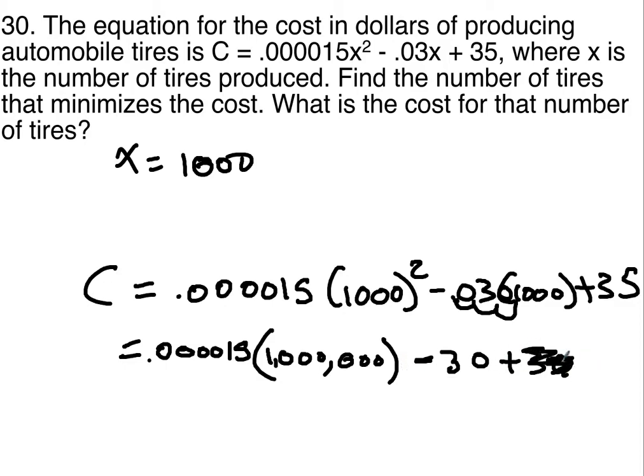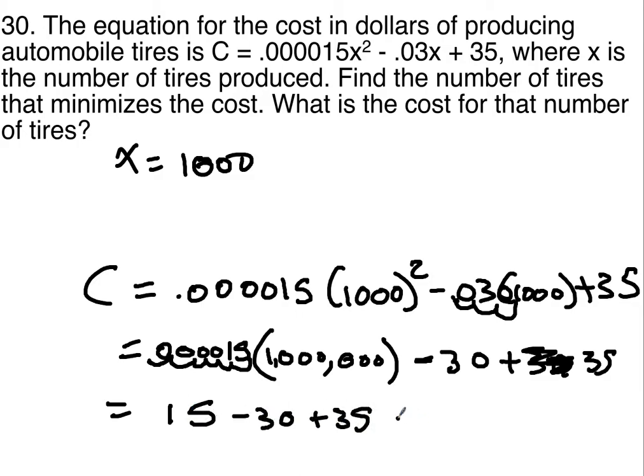This is 35. If I was to move this, 1,000,000 times this, I have to move the decimal place 6 times. So 1, 2, 3, 4, 5, 6 leaves me with 15 minus 30 plus 35, which is equal to negative 15 plus 35, or 20.